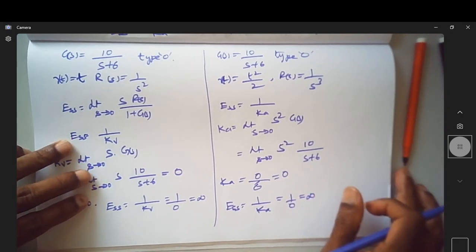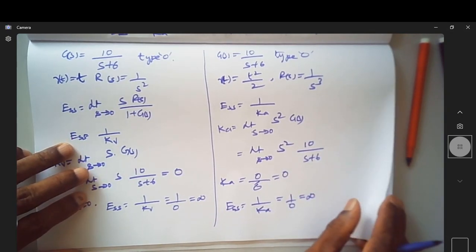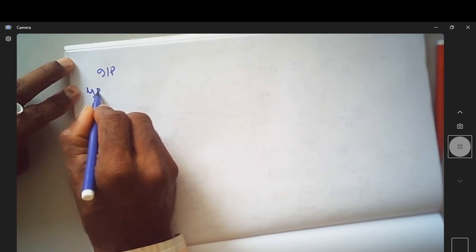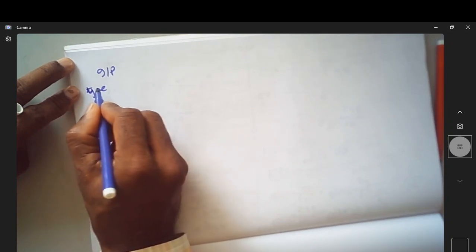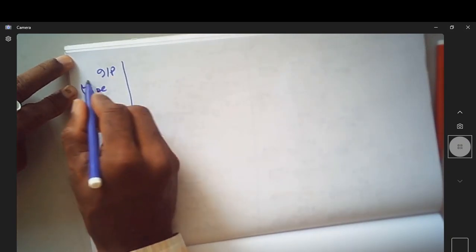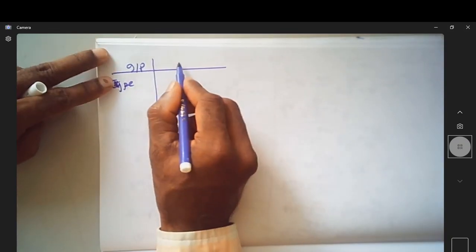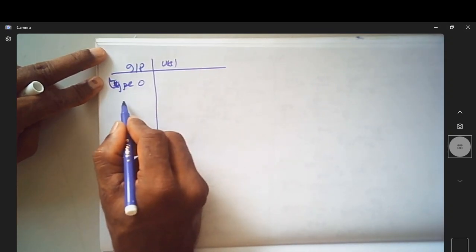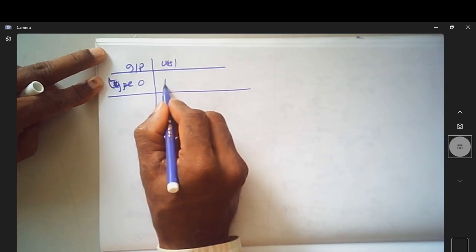So if I write the table where you have the input and the type of the system. Now the input is u of t, type 0: it's a finite error.